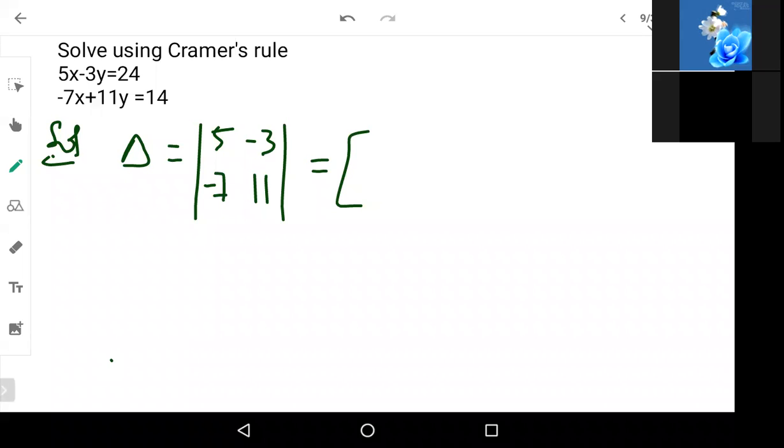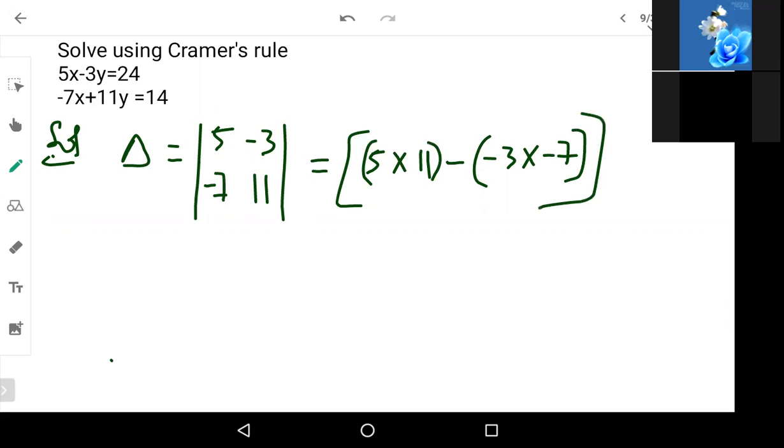Solve this and say me the value of delta. 5 into 11 minus 3 into minus 7. Be careful, you have minus signs. So 5 into 11 is 55 minus 7 into 3 is 21.